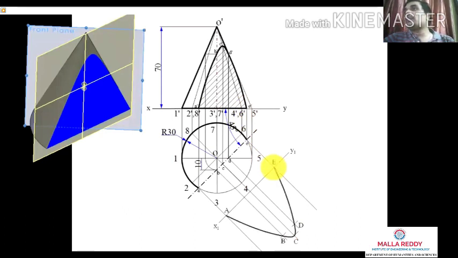So joining capital A, B, C, D, E, we get the true shape of the section. So this is how we get the true area or true sectional view of the cut solid.